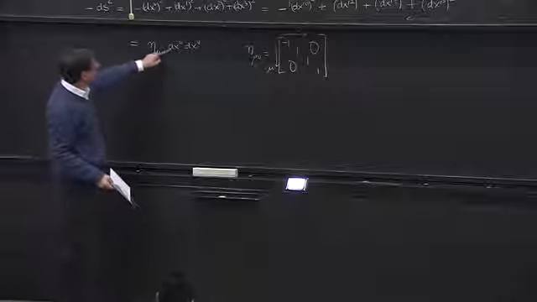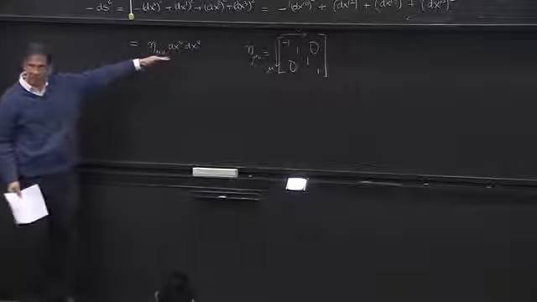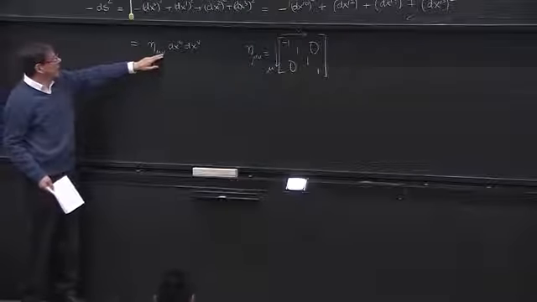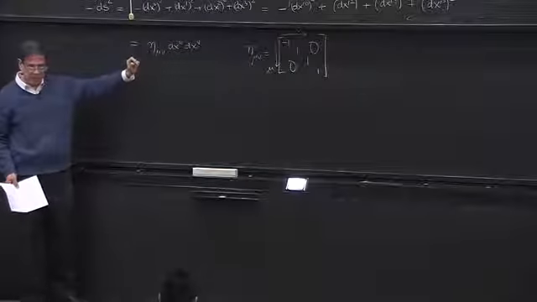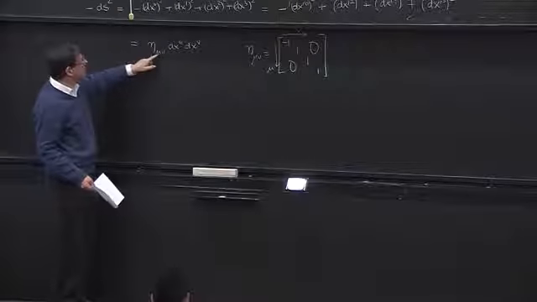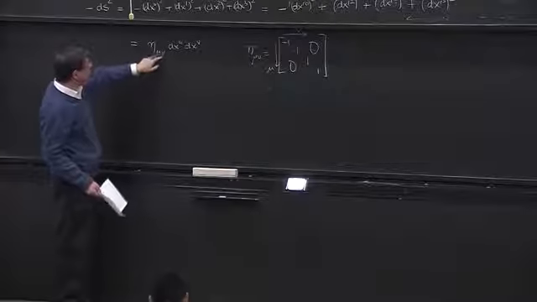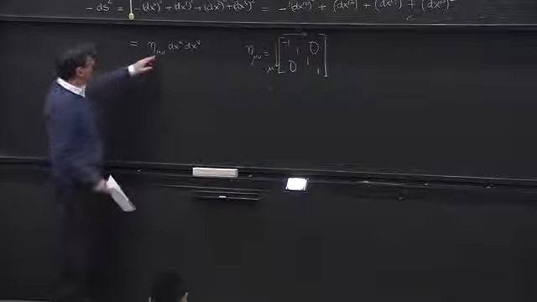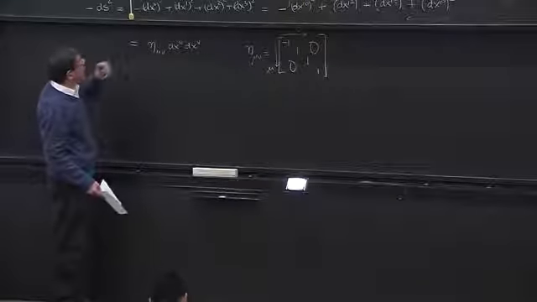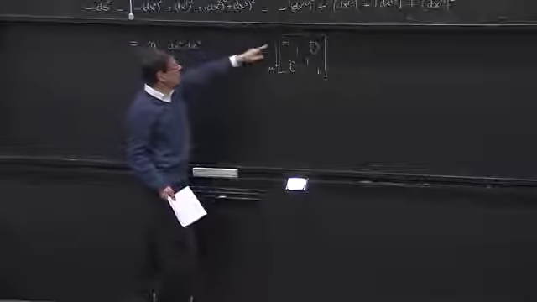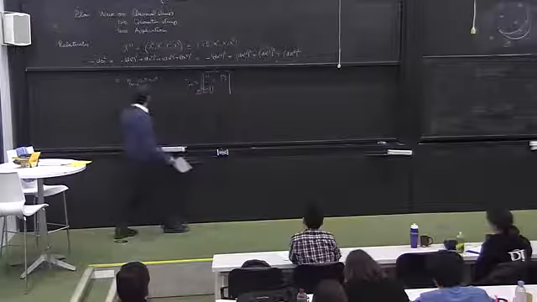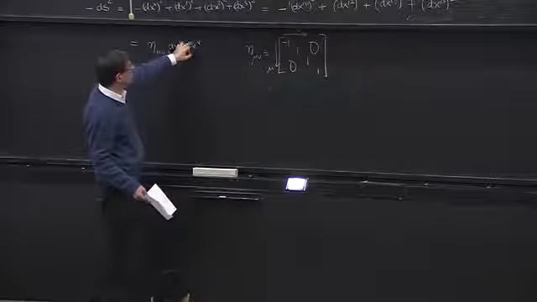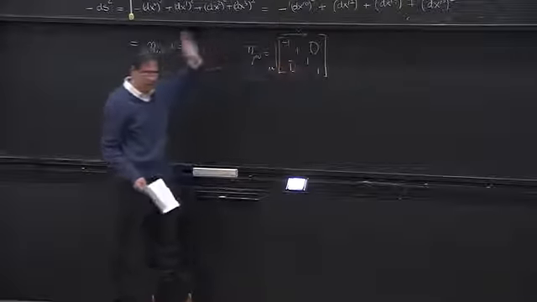If you run over all the indices, here we're using a convention that you're probably quite accustomed to, where repeated indices are summed over. You have 4 values for each index, so there should be 16 terms here. Those 16 terms must somehow reduce to 4, that's why there are 4 non-zero entries here. And if you run it out, you get eta 0 0 dx0 dx0 with a minus, and all the other ones here.